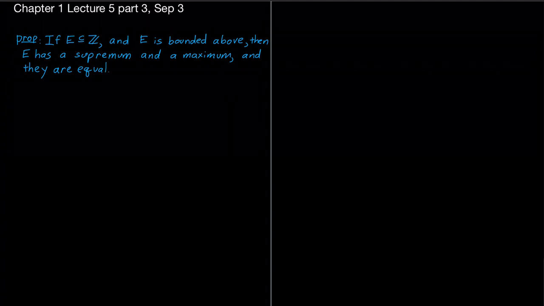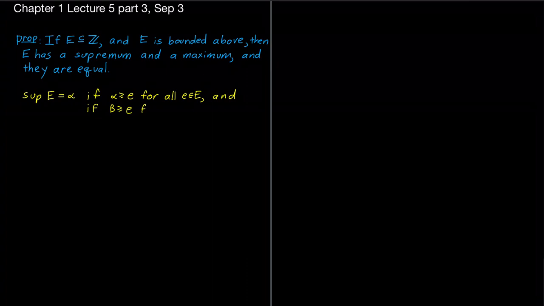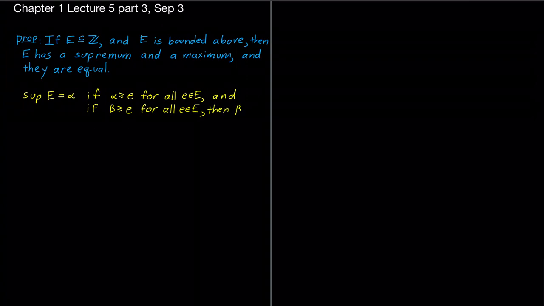And we recall our definition, supremum of E is equal to alpha if alpha is bigger than every element of E, and if beta is bigger than e for all e in E, then beta is also bigger than or equal to alpha.